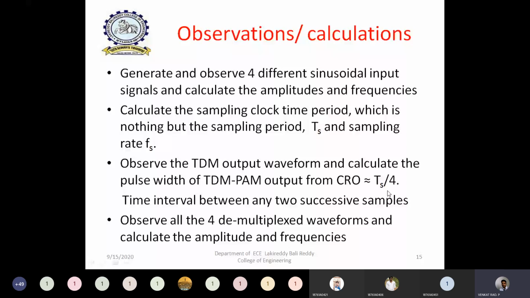Within the time duration of TS, all the 4 signals must be transmitted. That's why TS by 4 is the pulse width of the TDM output, or the time interval between 2 successive samples in the TDM output.